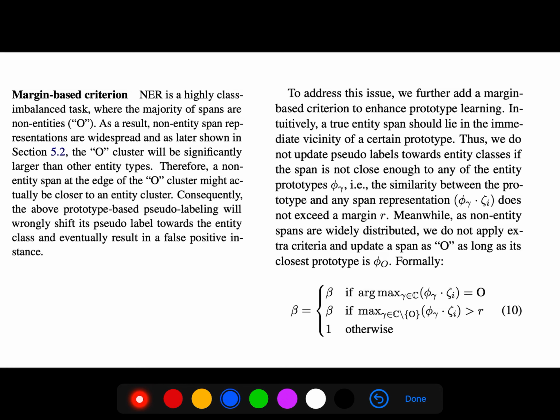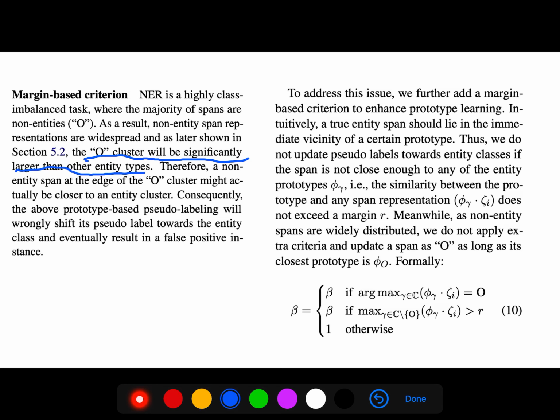And of course, the margin-based criterion. NER is a highly class-imbalanced task, where the majority of spans are non-entity. As a result, non-entity span representations are widespread, and as shown later, the O cluster will be significantly larger than entity types.